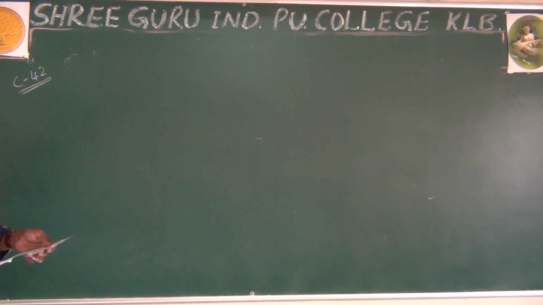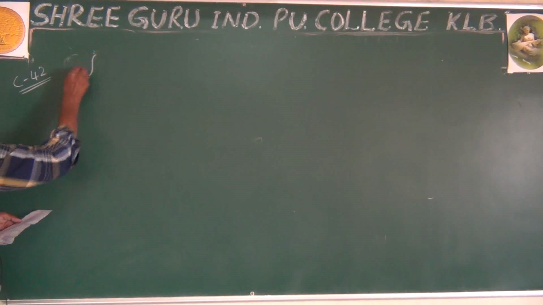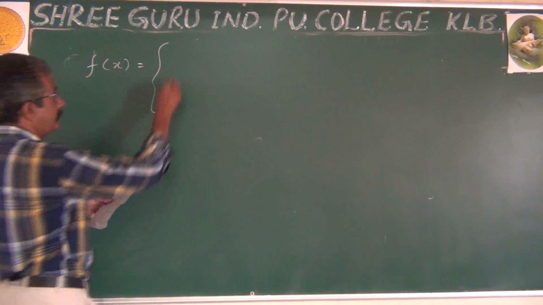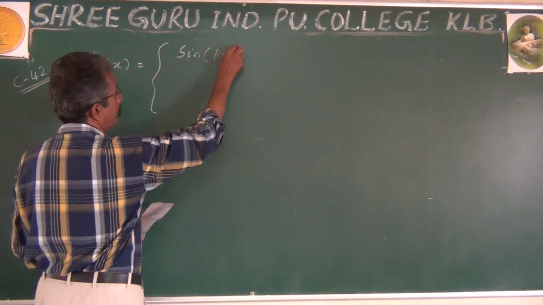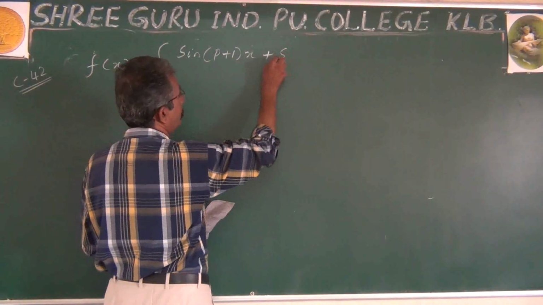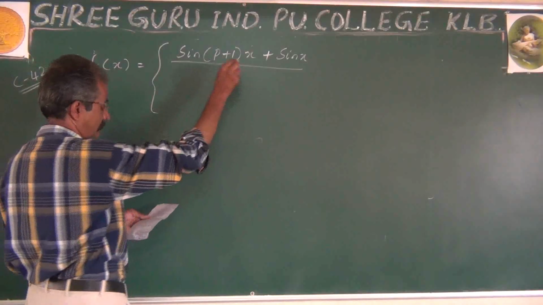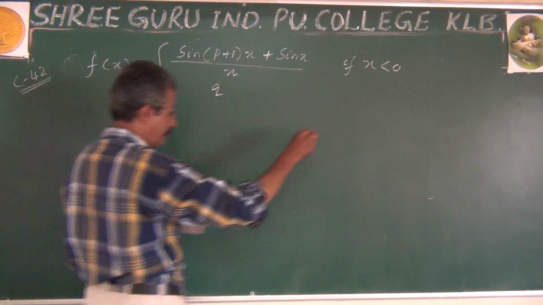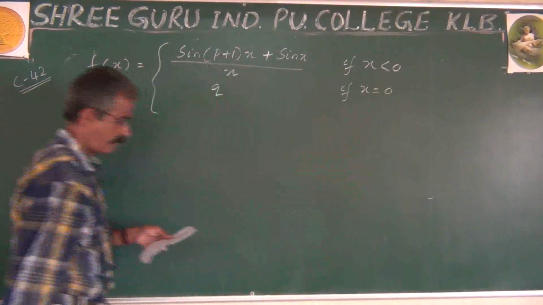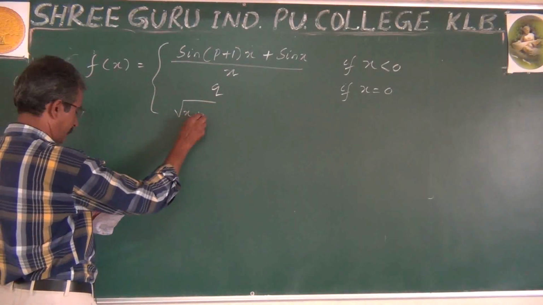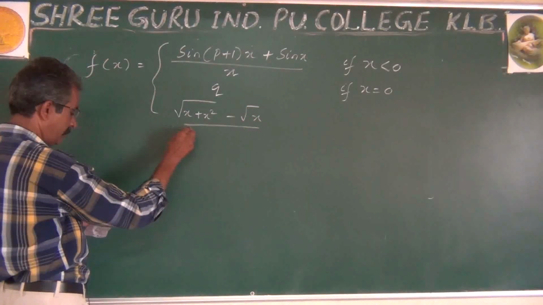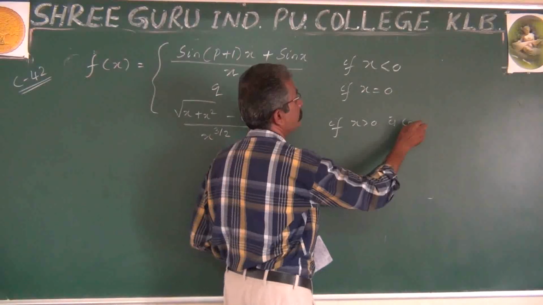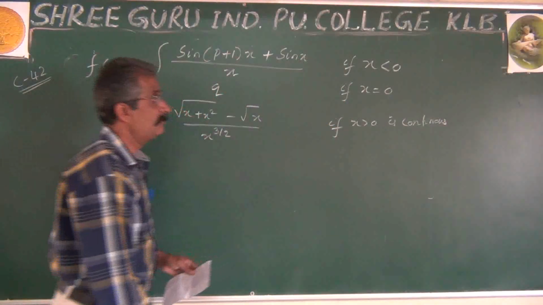Sixth one. If the function f of x equals sine of (p plus 1)x plus sine x divided by x, if x less than 0, q if x equal to 0, and root of x plus x square minus root x divided by x to the power 3 by 2 if x positive, is continuous at x equal to 0.